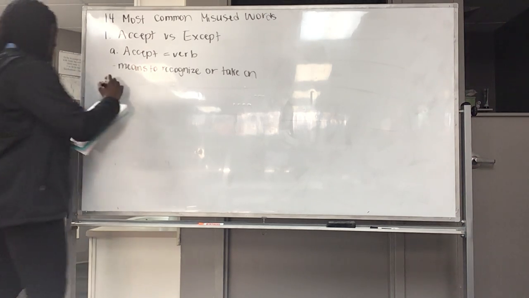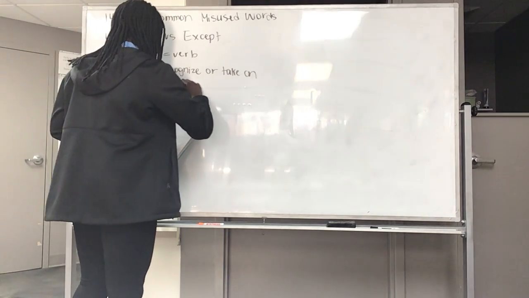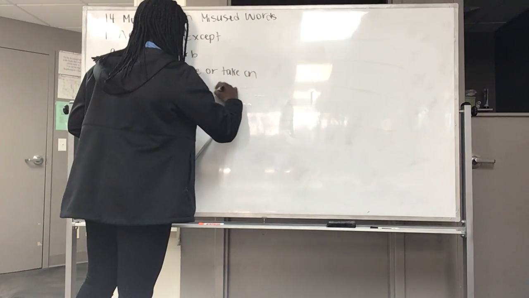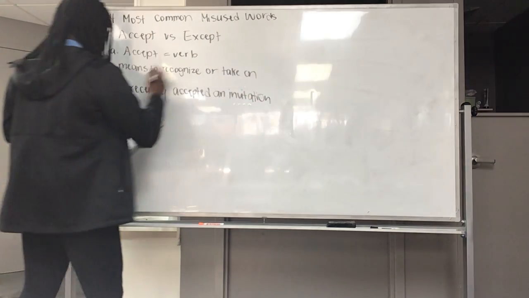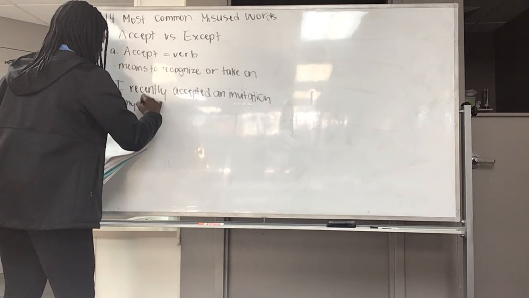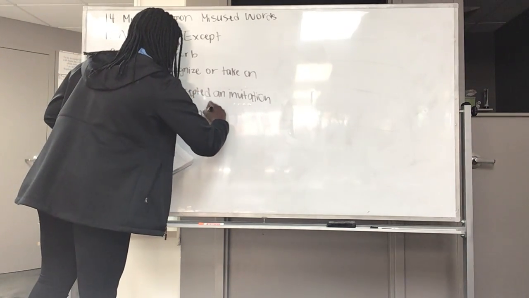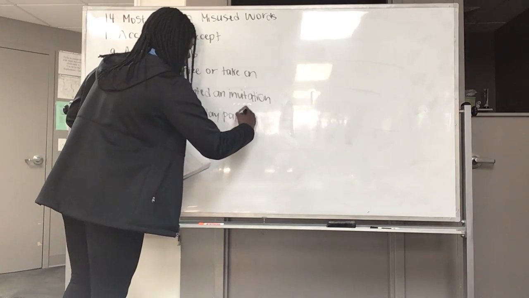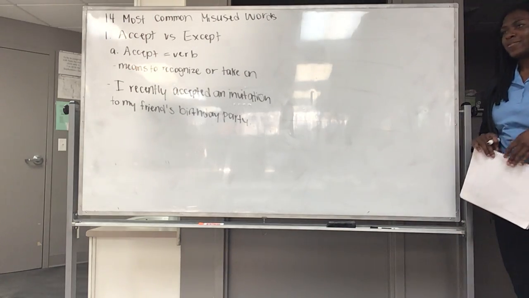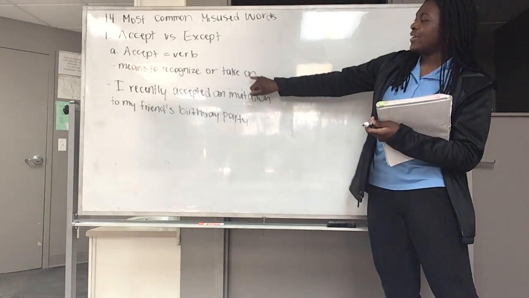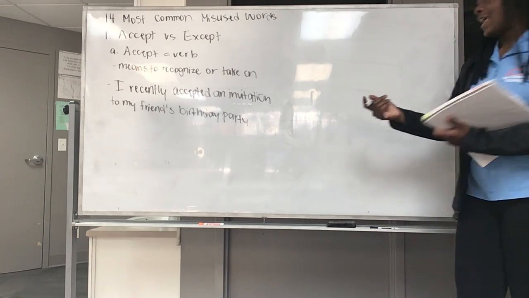Oh, and I guess that's my example sentence. I could say, I recently accepted an invitation to my friend's birthday party. So that would be like taking on the invitation. You're going to go to the party. So that's accept with an A.